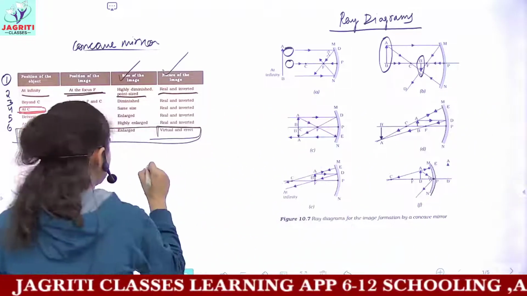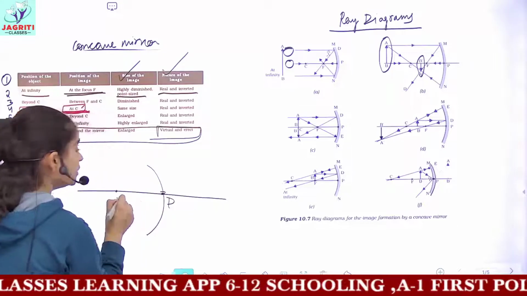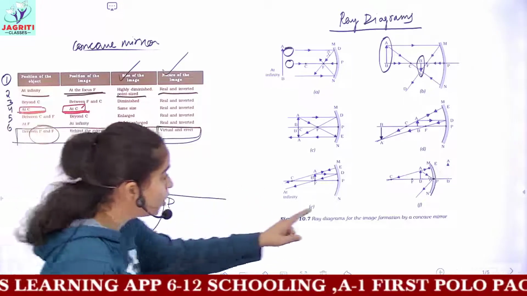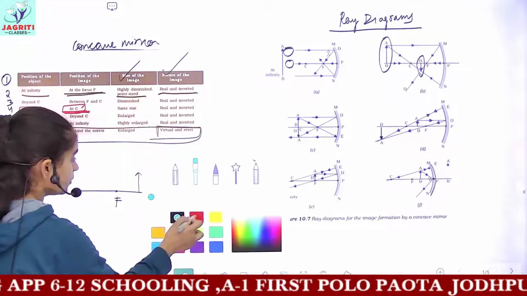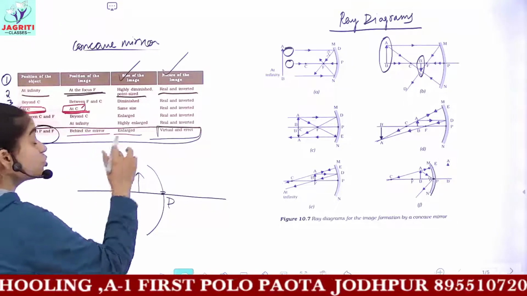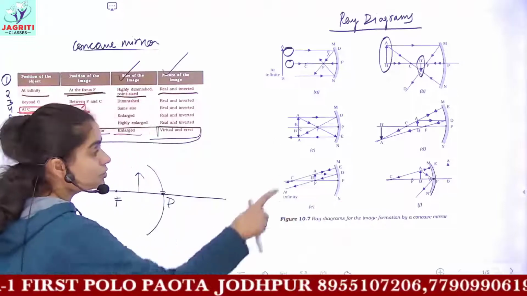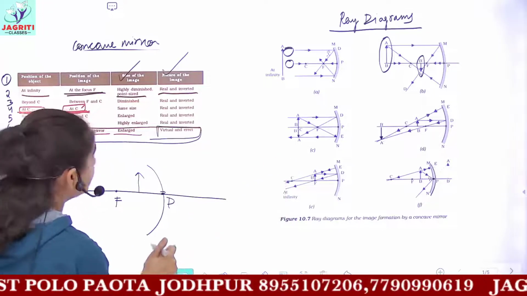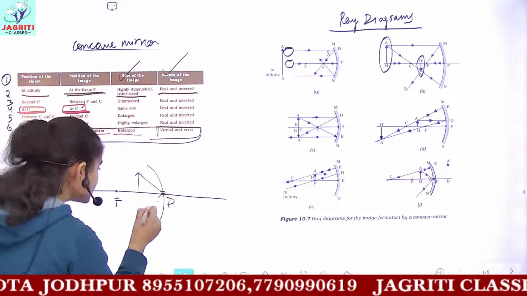I am drawing the similar diagram roughly here. This is the pole and this is the focus. Now you have the object AB between pole and focus. And the image should be formed behind the mirror and the image should be much larger in size. Enlarged image should be formed. So see here, one light ray is drawn, the light ray which is striking the pole makes the same angle with the pole.